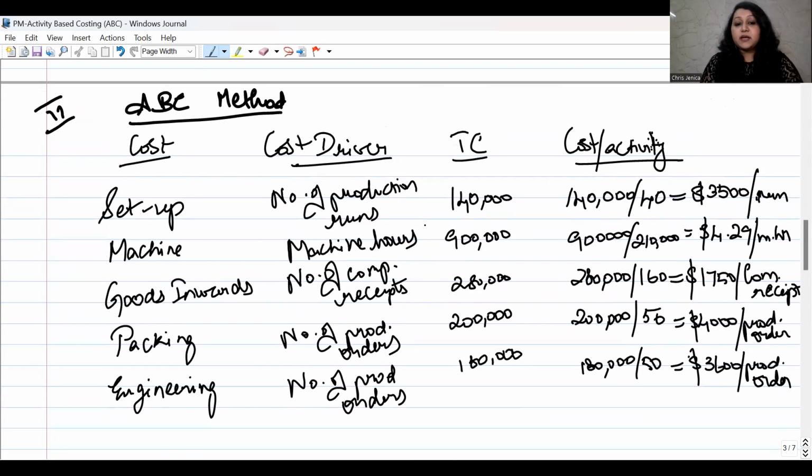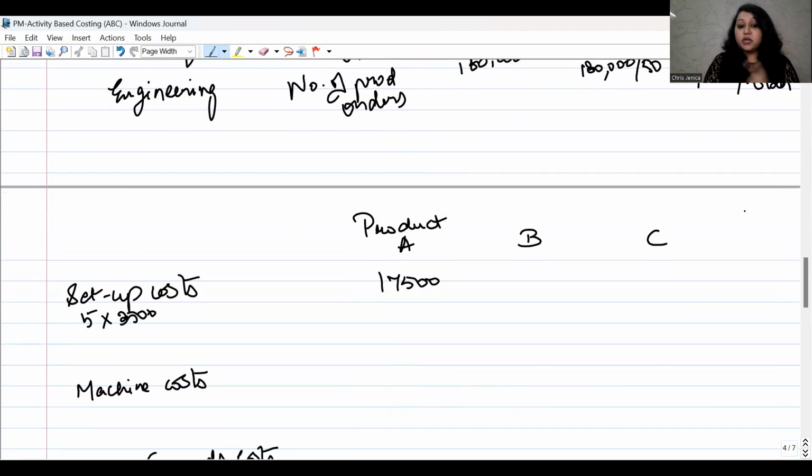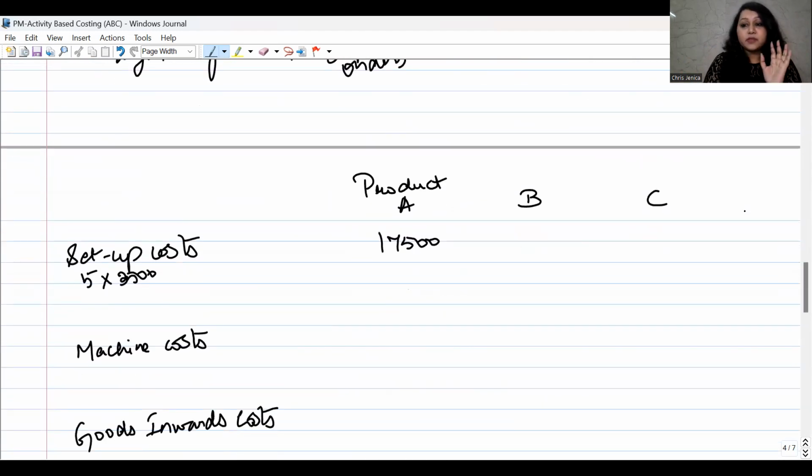We utilized this cost driver: setup cost depends on the number of production runs. So the total cost was divided by the total number of production runs for all three products, and we found $3,500 for one production run. Now how many production runs for product A? 5 runs. So 5 runs into 3,500 per production run will give you 17,500 cost for product A.